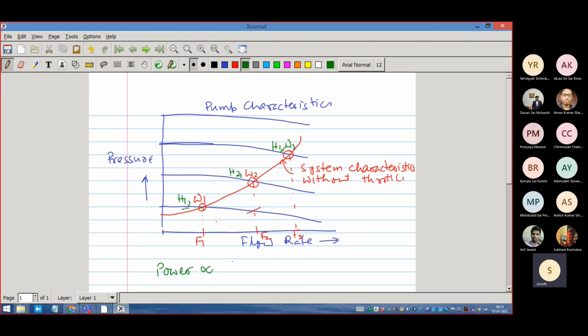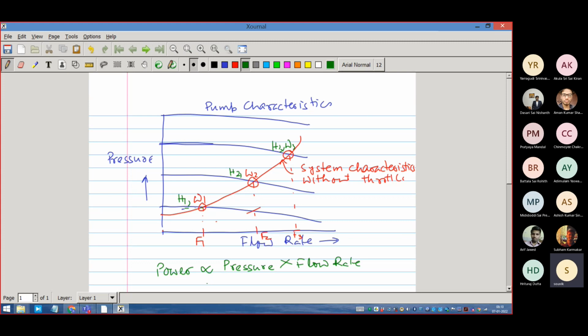I am not bringing in the coefficients for converting from the British system to the MKS system. That we will do when we do some numerical problems. They are just constants, so for understanding it is not required. We just need to know the relationship.